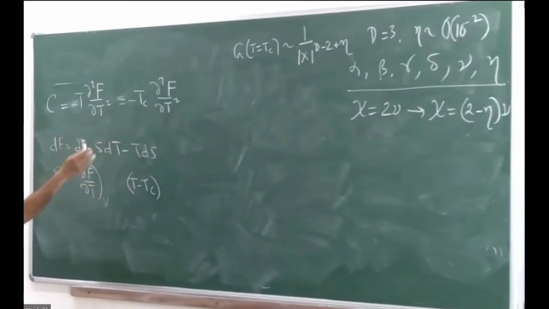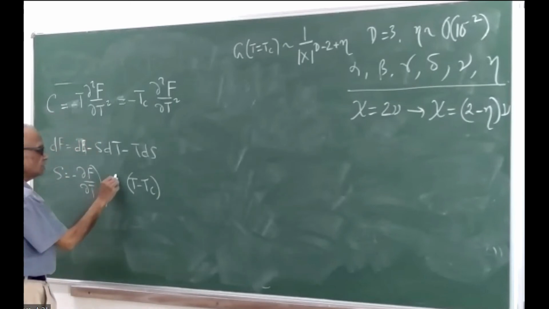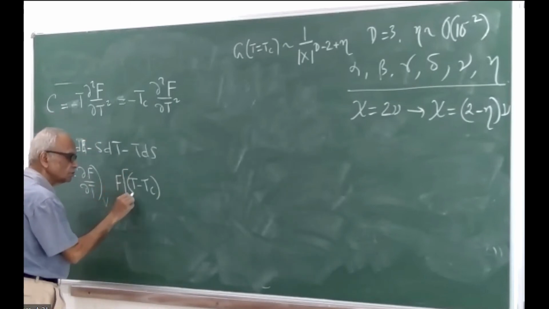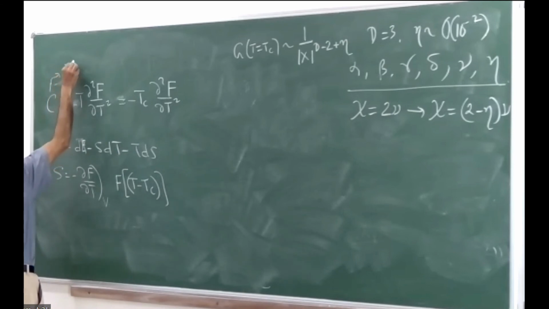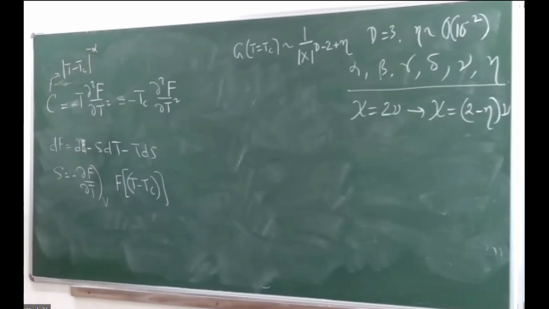It's del T squared, simply because F is a function, the part of F that I'm interested in is a function of T minus Tc, and therefore the derivative is that. So what is this F? Well, C I know is T minus Tc to the power minus alpha.